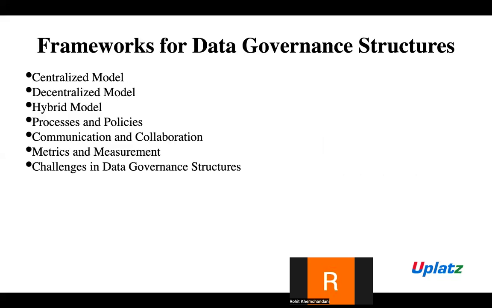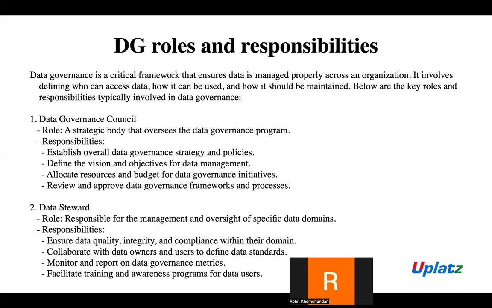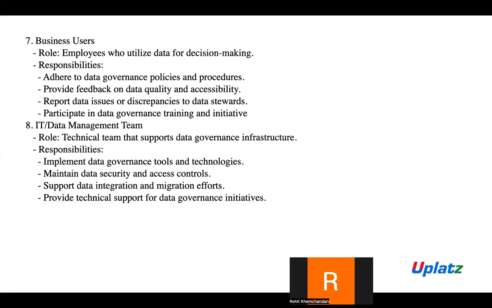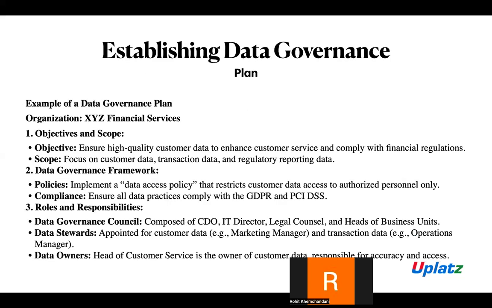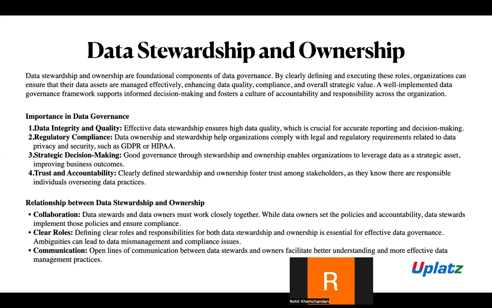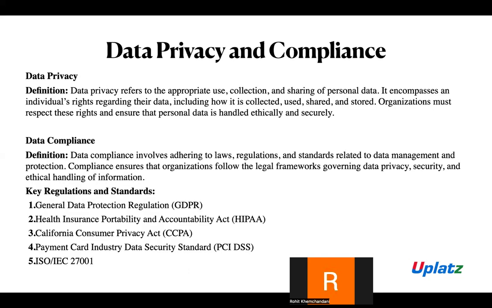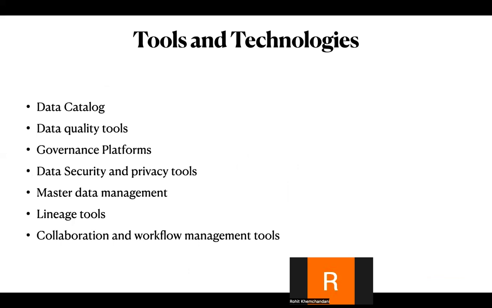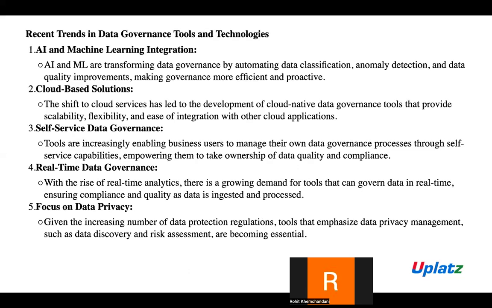We have also learned about the frameworks for data governance structures, data governance roles and responsibilities, and a plan to establish data governance. We have learned about data stewardship and ownership, and data privacy and compliance. In the next slides, we'll learn about data tools and technologies and the rest of the topics.